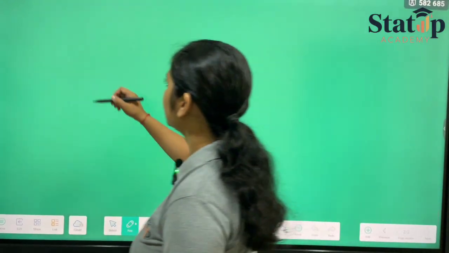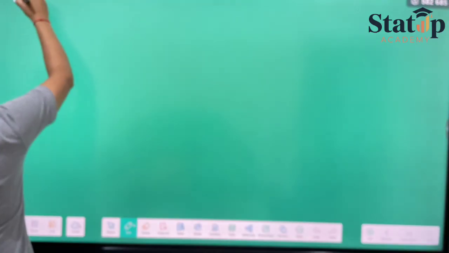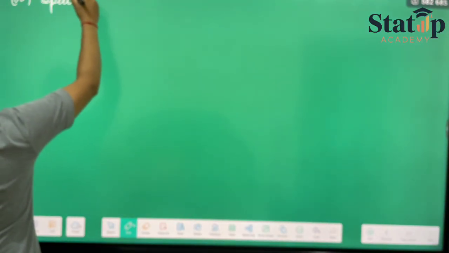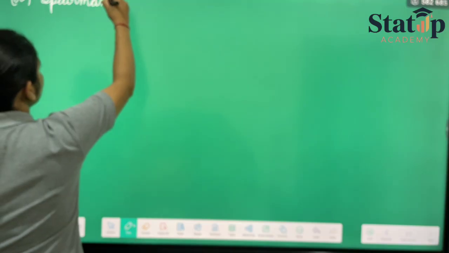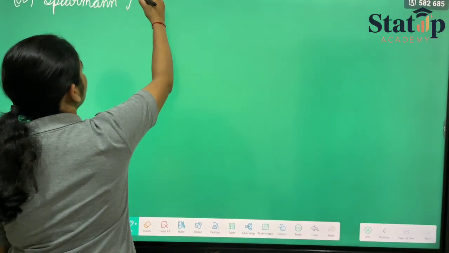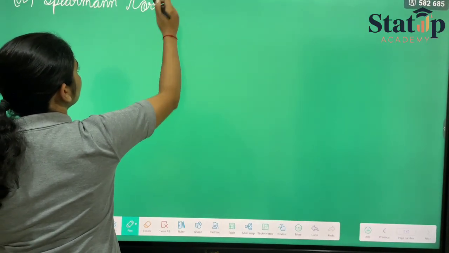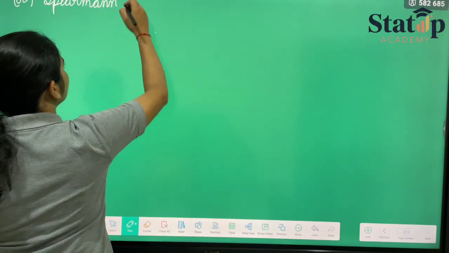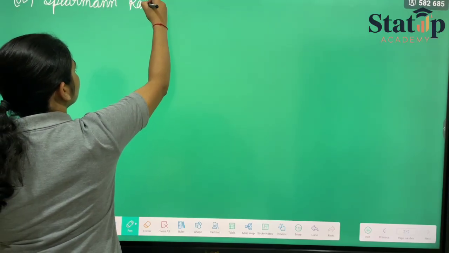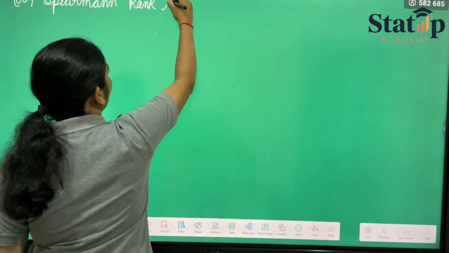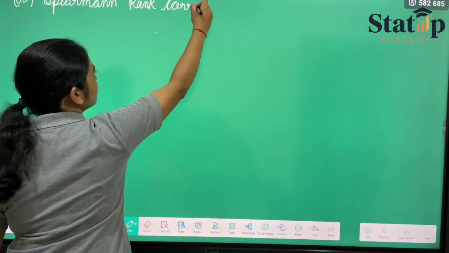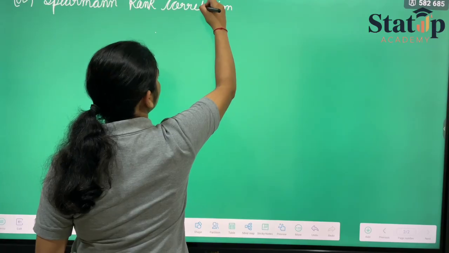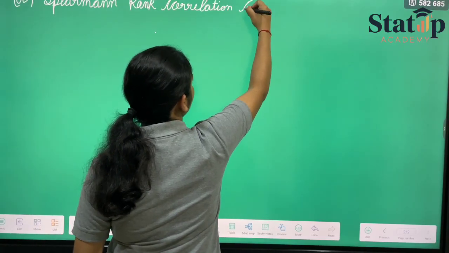The next step includes the Spearman rank correlation coefficient.